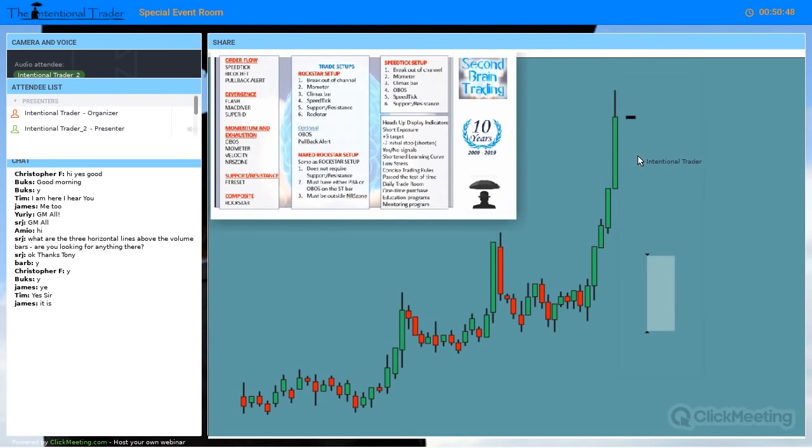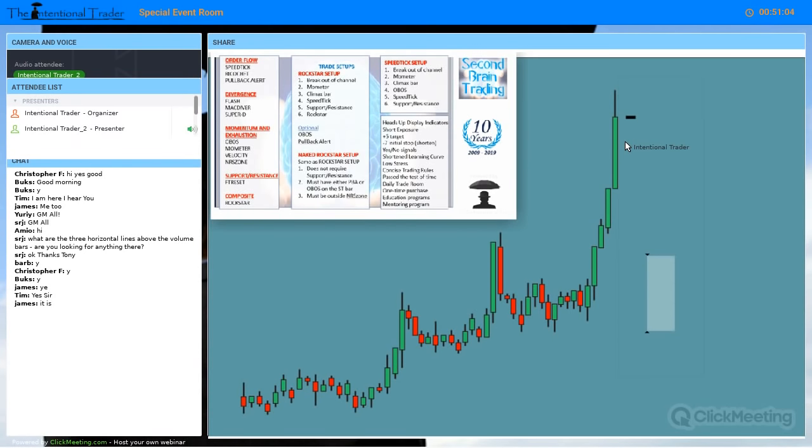I still trade this, and I do teach it to people in the trade room, but I really don't expect people to trade it, because it does take a good bit more finesse than the other setups.